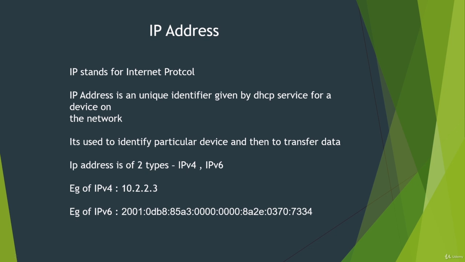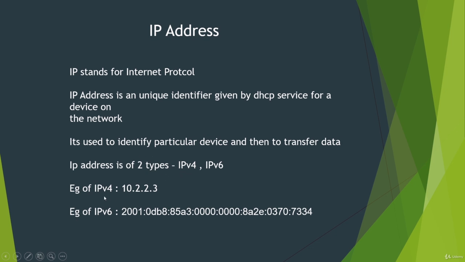So that's why there is a lack of IP addresses, and that's why IP version 6 came into play. But even though we are using IP version 4, because the protocols already implemented use IP version 4 addresses, throughout this course we will be focusing on IP version 4 only.